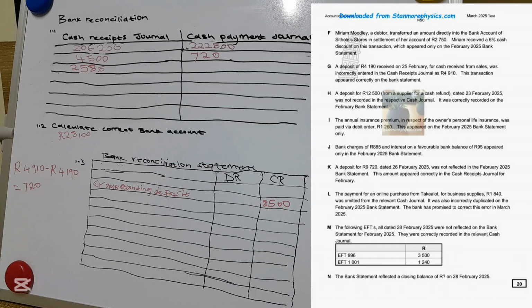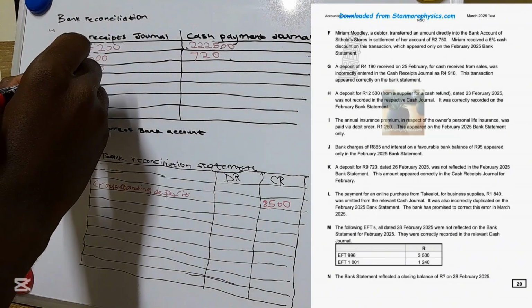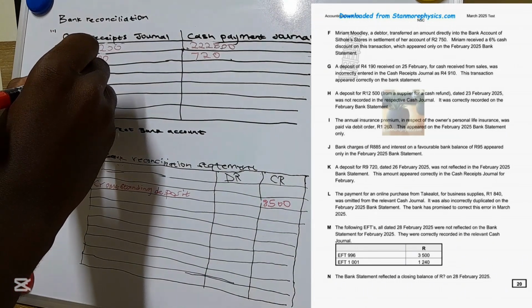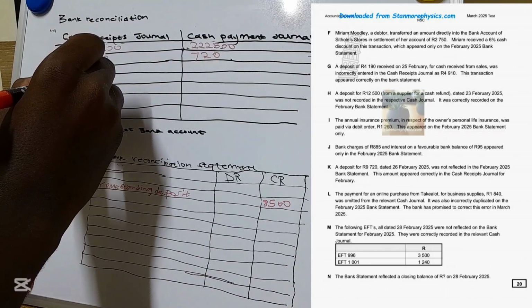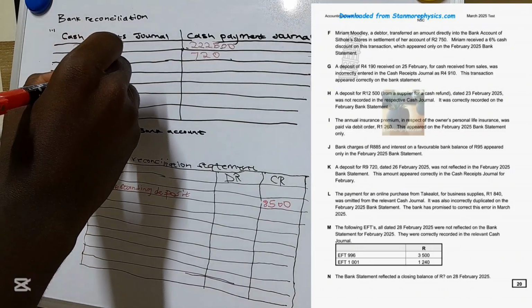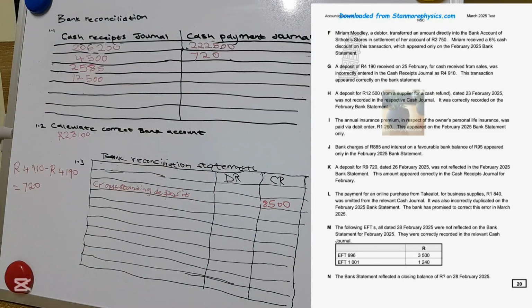It was recorded on the bank statement, meaning we are not going to do anything under bank statement. So now what we're gonna do, we are going to record this 12,500 since it was not recorded under cash receipt journal. So we are done with number H.